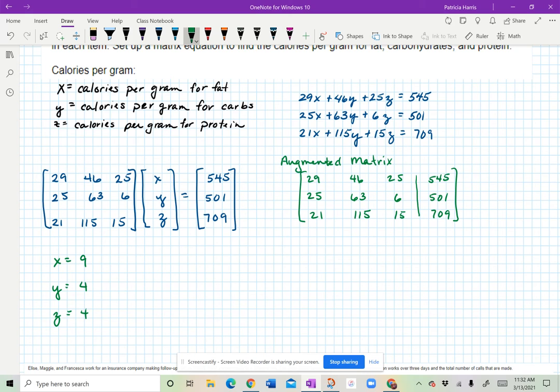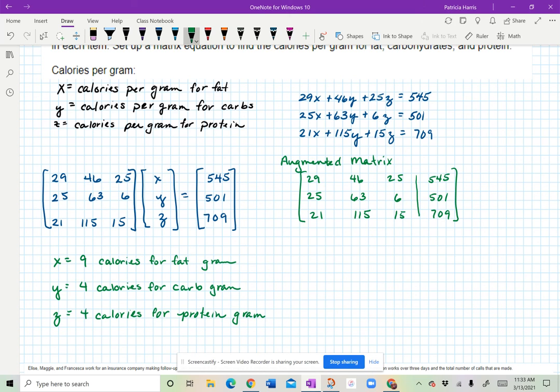so there are 9 calories per gram for fat, 4 calories per gram for carb, and then 4 calories per protein gram.